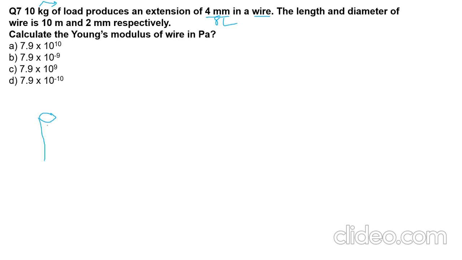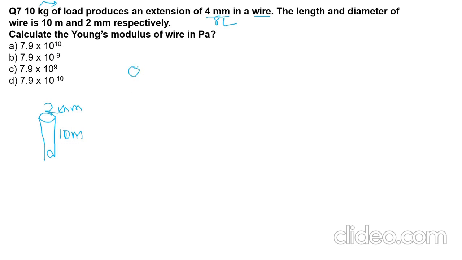So if it is a wire like this, you have a length of 10 meters and you have a diameter of 2 mm, right? So calculate the Young's modulus of the wire in pascals. So you have to calculate it. So how will you do that?